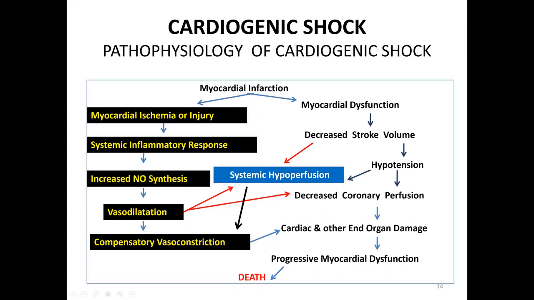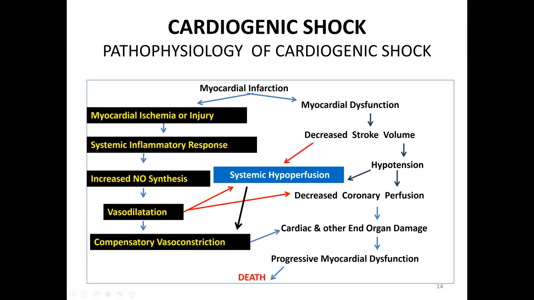At the same time, if there is compensatory vasoconstriction, that can also lead to cardiac and other end organ damage. Similarly, hypotension also leads to systemic hypoperfusion, and vasodilatation also leads to systemic hypoperfusion. They are marked with red arrows.